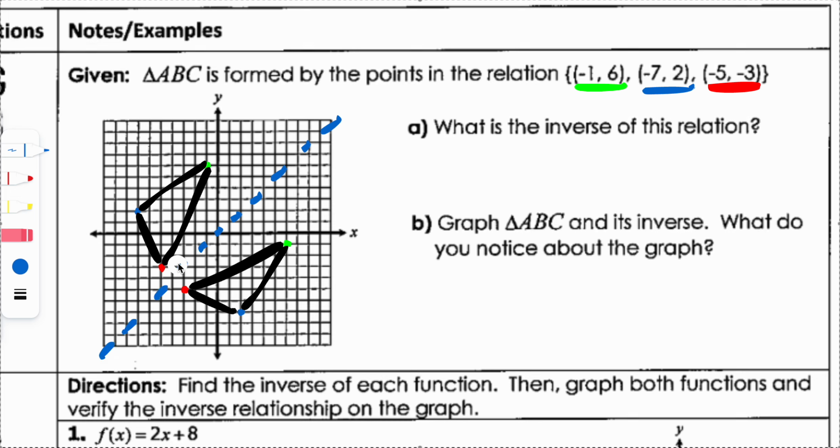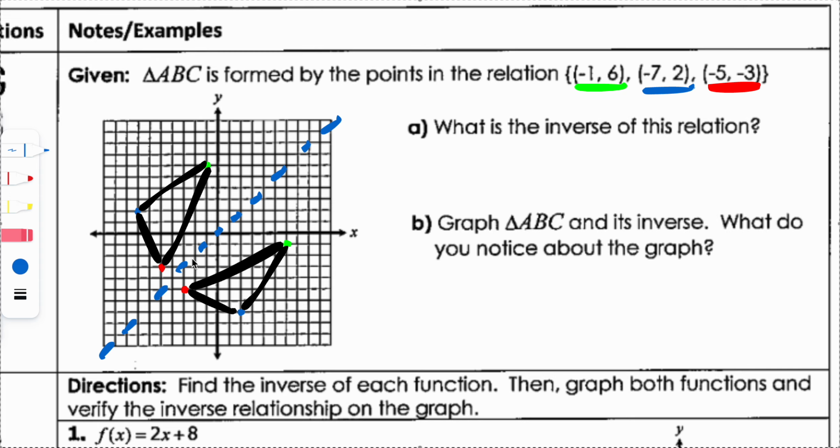So we have this red point here. Now our new point, or its inverse, is going to be right here. Same way this time. So if I had this on paper and I folded it across this blue dotted line, these two triangles would map on top of each other.